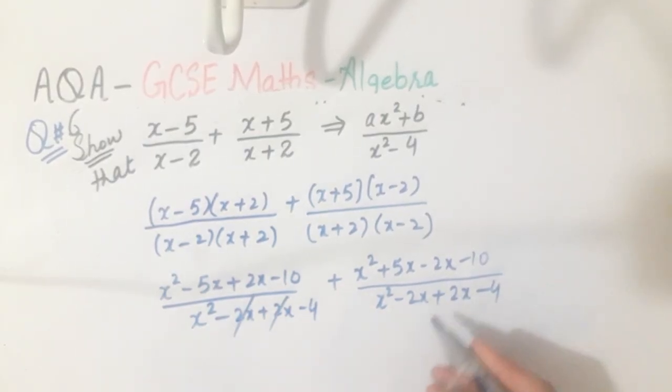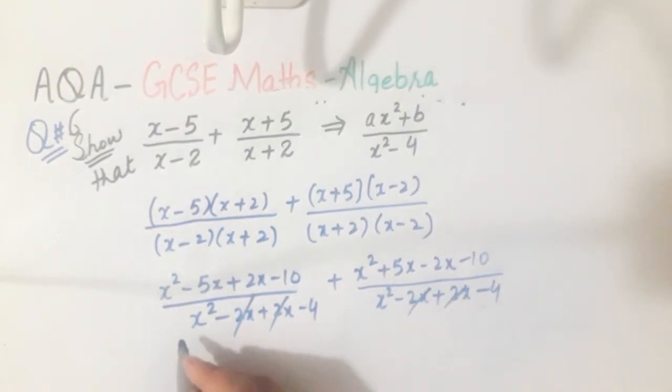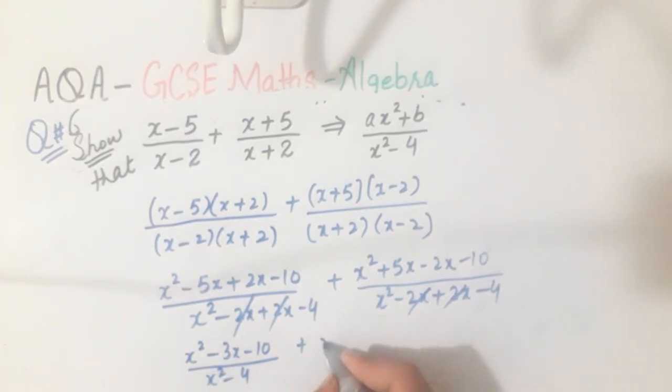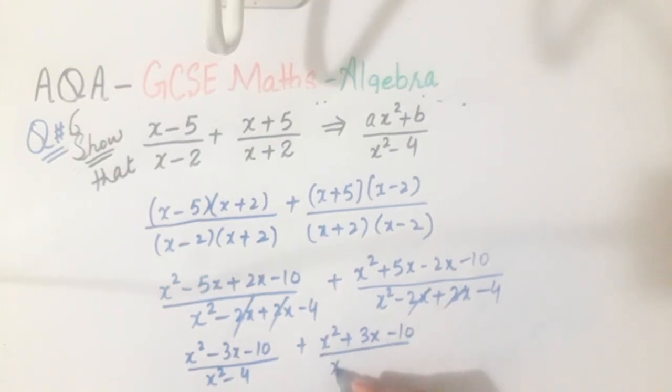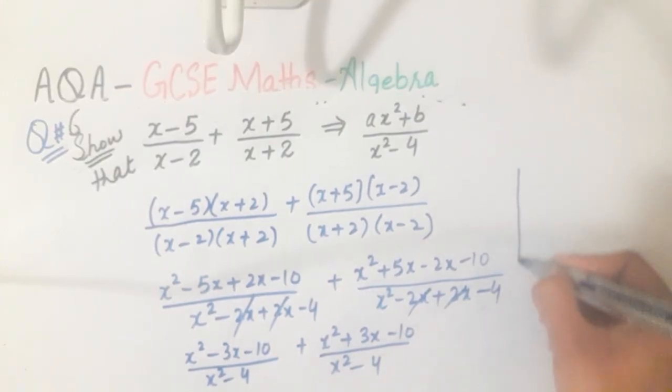So this and this are cancelled out. We have x square minus 3x minus 10 divided by x square minus 4, and this one x square plus 3x minus 10 divided by x square minus 4.